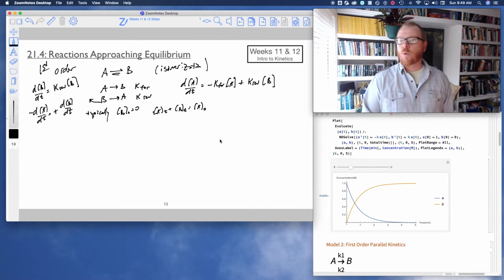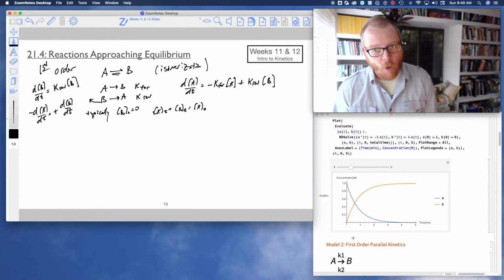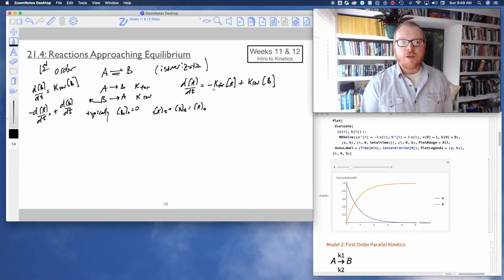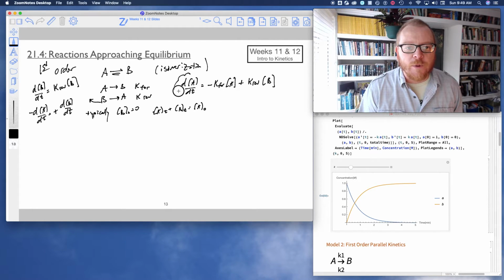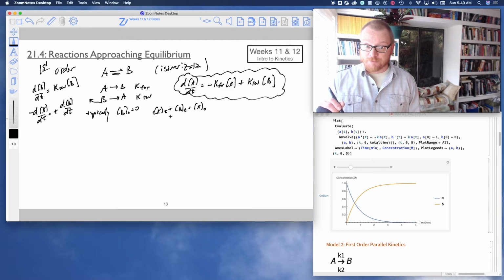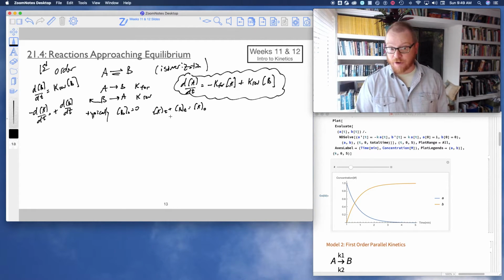If I have, let's say, 1 molar of A, at any time in the reaction, the total concentrations have to add up to 1 molar. We're not making new mass, all right? So, but this is critically important, and we're going to get a lot of experience doing more complicated steps, okay? And I'll show you how we do it when we get to more complicated reactions.